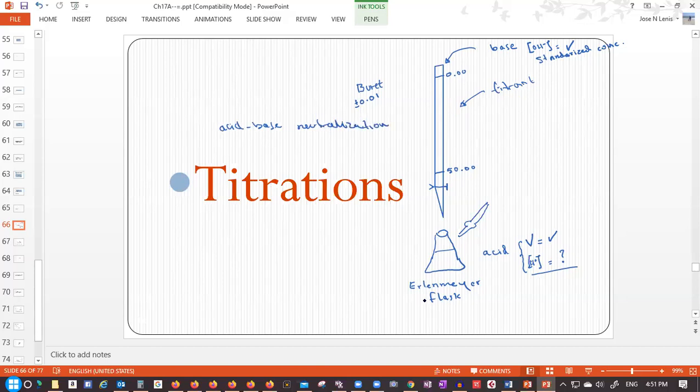Acid-base neutralization there. But how do you know when your acid is being neutralized? Don't we have something missing? You add the base here to neutralize and keep adding and keep adding. How do you know when to stop? Do you remember what you did?